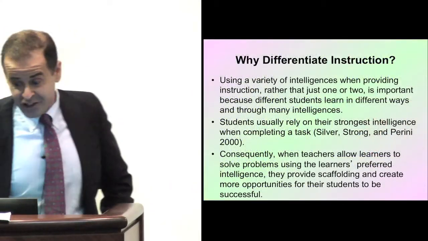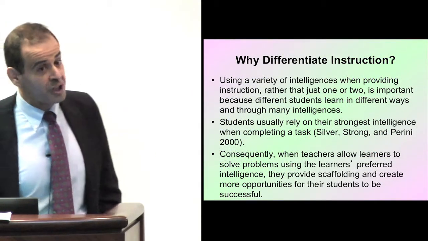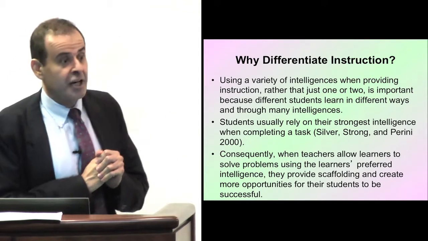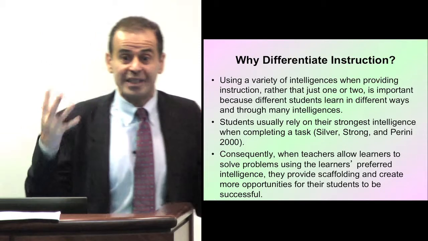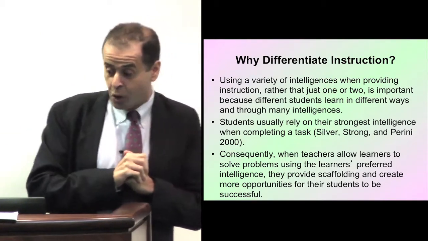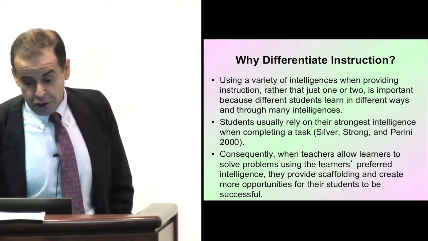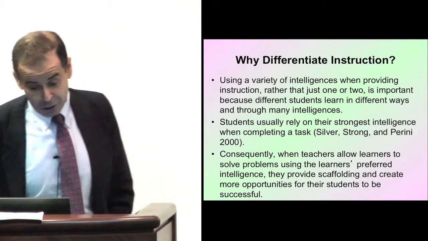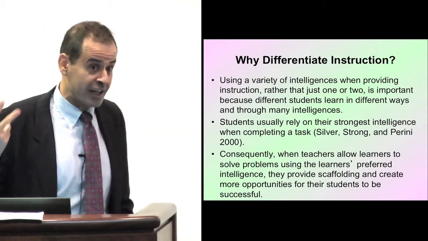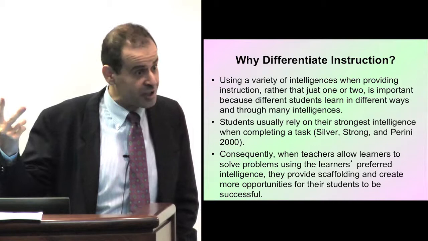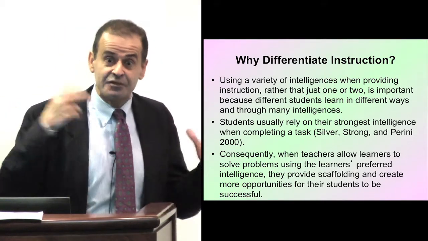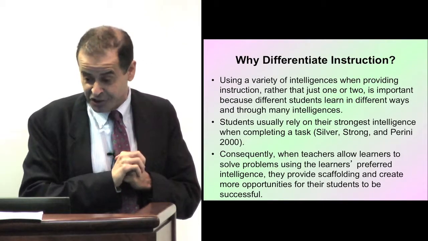I already mentioned some reasons why differentiated instruction is important, and I'd like to mention some more. Very often when we only use two intelligences, we don't reach many, many students. So, for example, students usually rely on their strongest intelligence when completing a task, and if they are not strong in the verbal or mathematical intelligence, chances are that they're going to have a great deal of difficulty if teachers only use these intelligences.